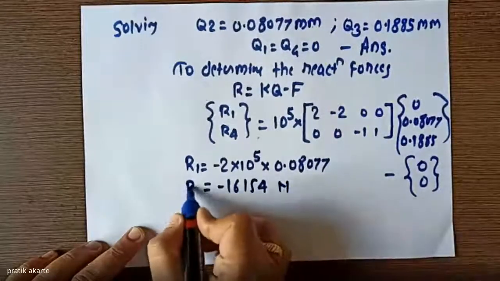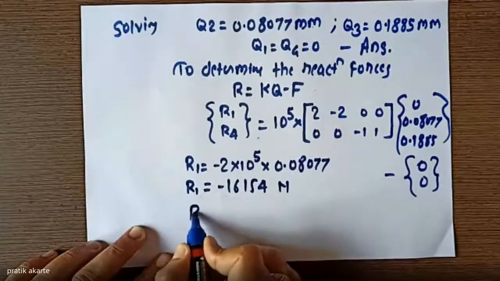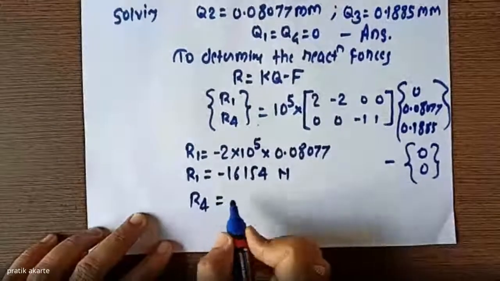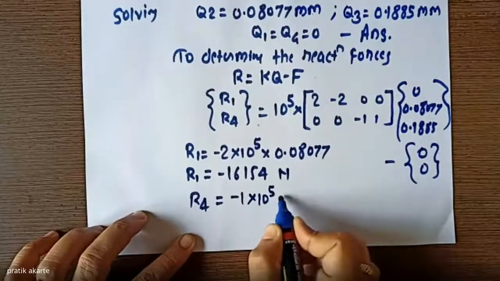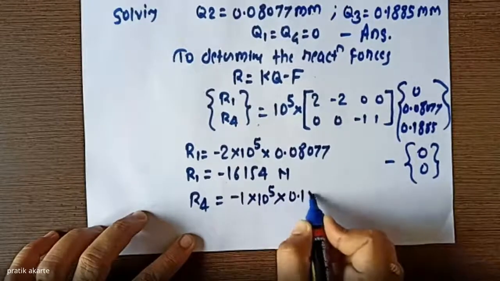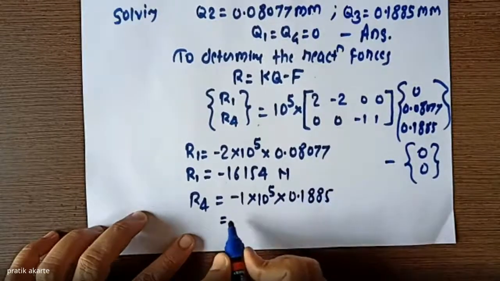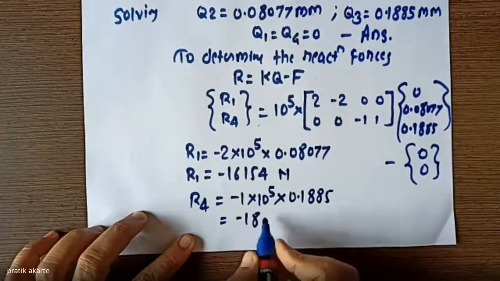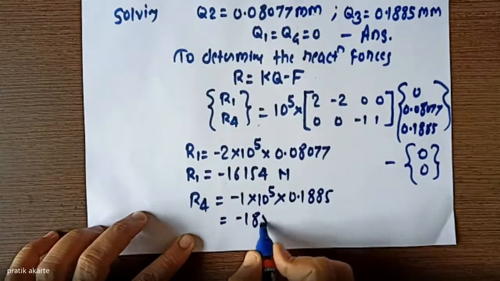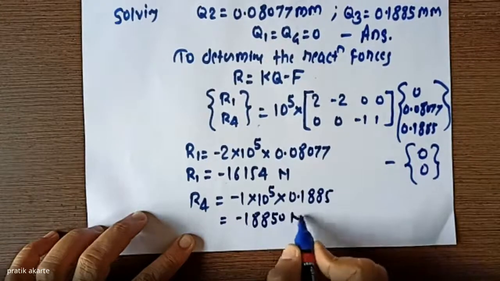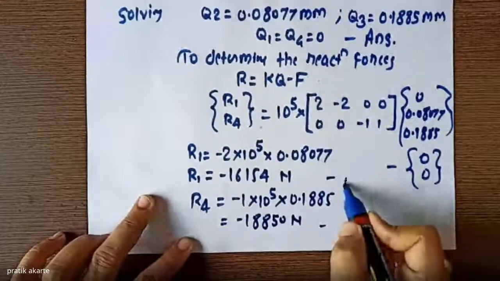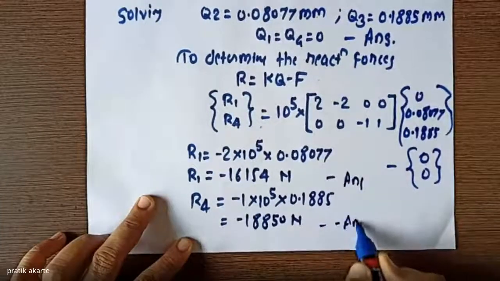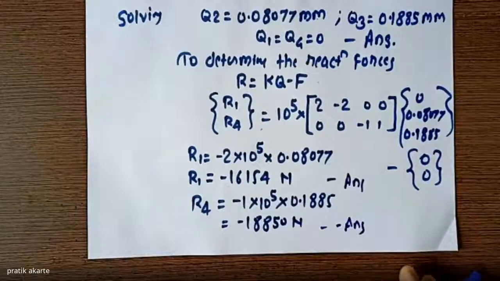This is the first reaction force, and at R4 we will be getting minus 1 into 10 to the power 5 into 0.1885, which is equal to minus 18850 Newton. Okay, so R1 and R4 are the reaction forces. These are our answer. So we found out displacements and we found out the reaction forces.